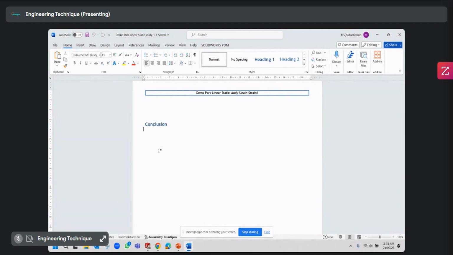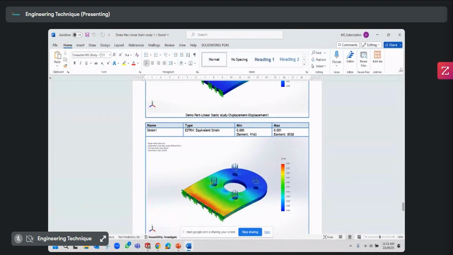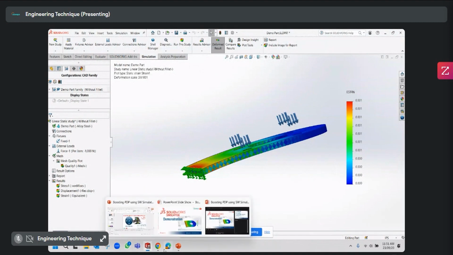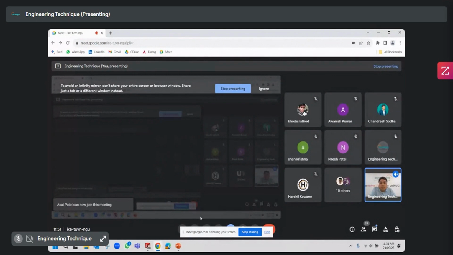That can be decided by an expert only. So accordingly you need to write down the conclusion, what the study is interpreting. Now let me just come back to the presentation.